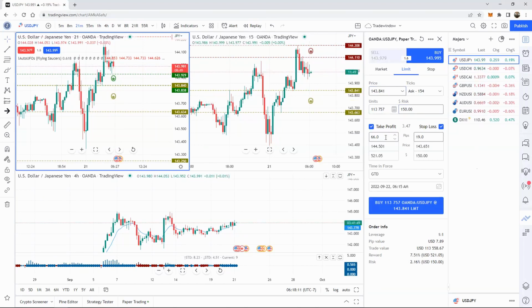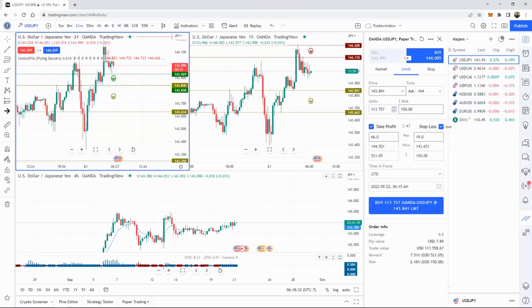But before we decide that, we need to figure out where our stop is. So as we see on this one, the stop is 663. All right. On this one, it's actually 634. So we're going to take the bottom of the 2. And right now, 634 is the bottom of the 2.